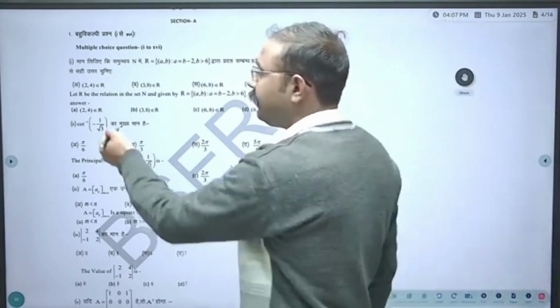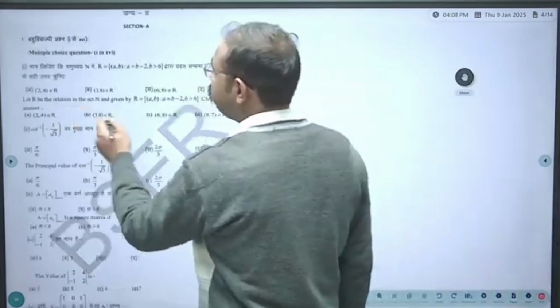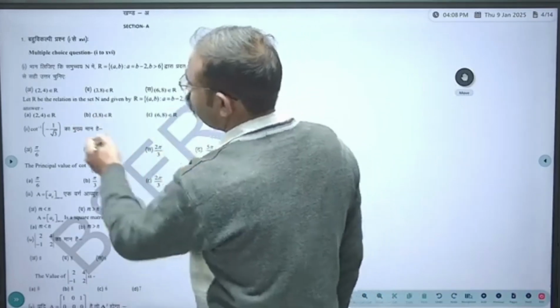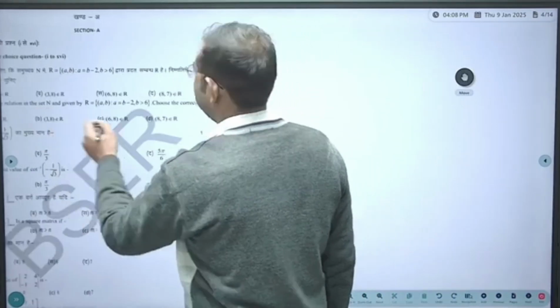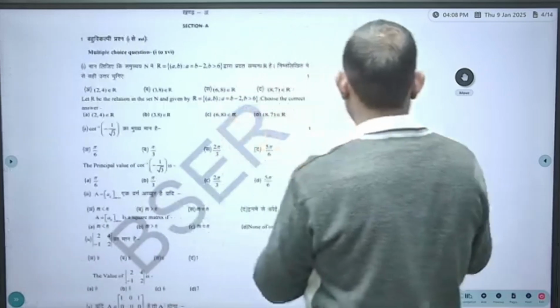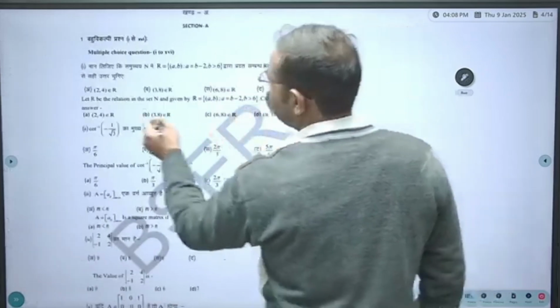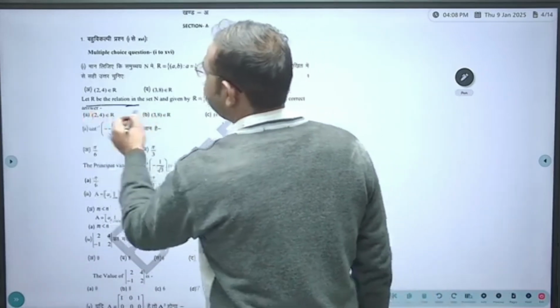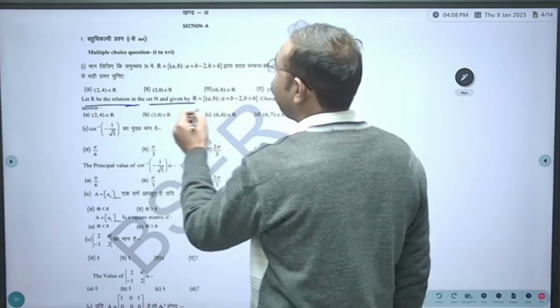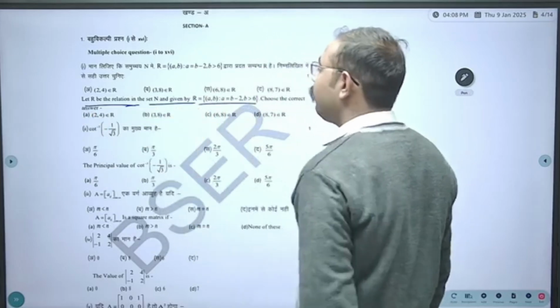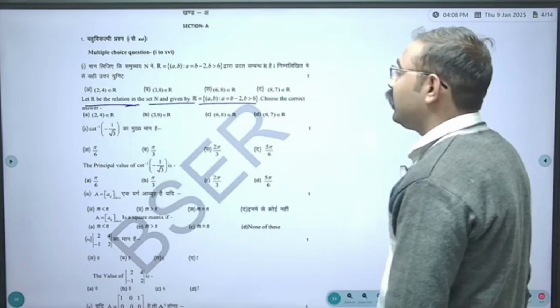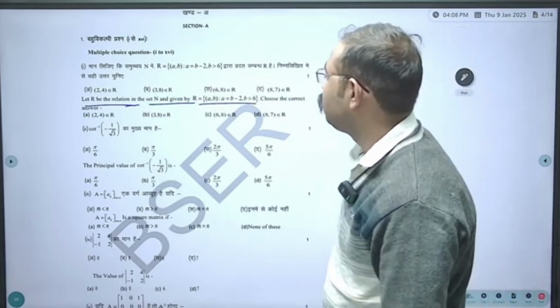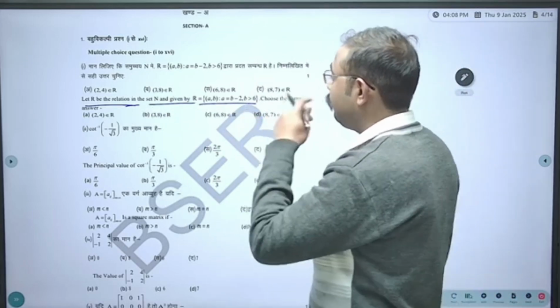Question number first: let R be the relation in the set N given by R equals (a, b) such that a equals b minus 2 and b is greater than 6.